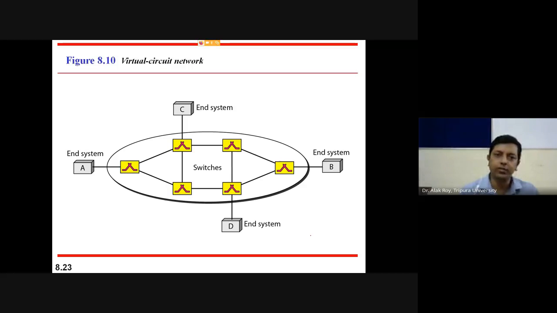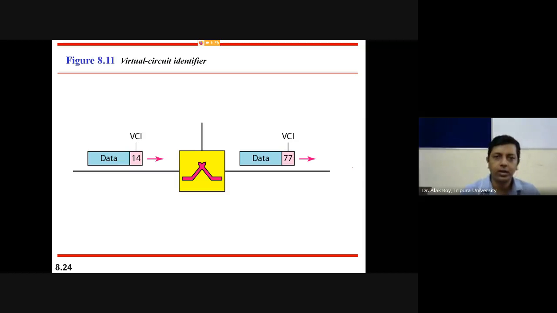This is an example of a virtual circuit network where you can see that n systems are connected via some kind of switch. A virtual circuit network uses a virtual circuit identifier. Means with data there will be some type of VCI, virtual circuit identifier.